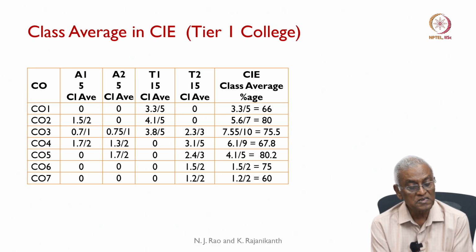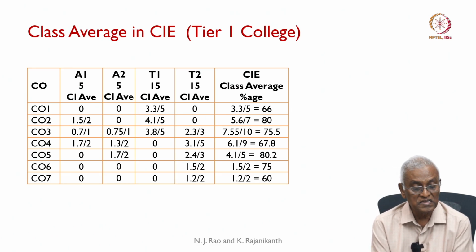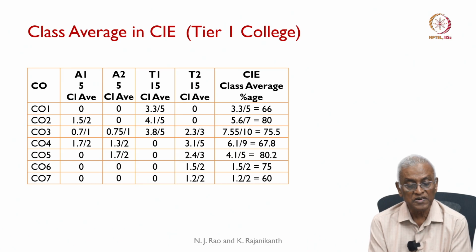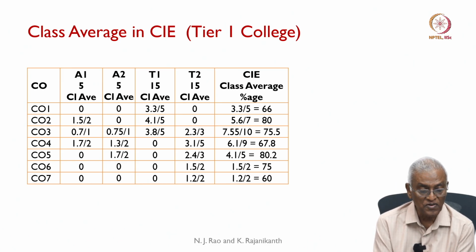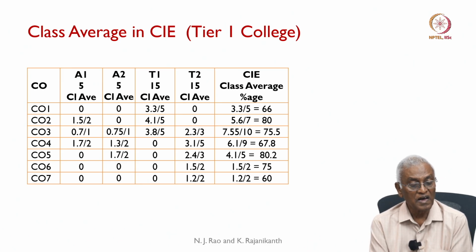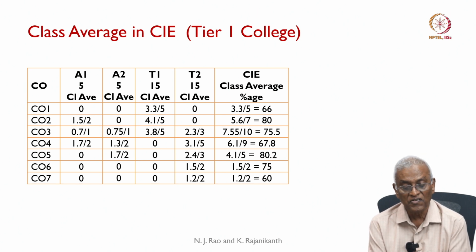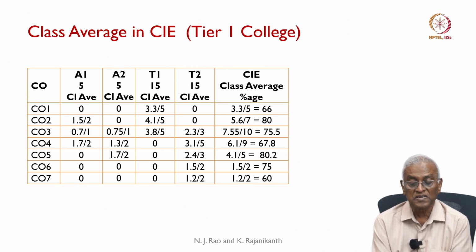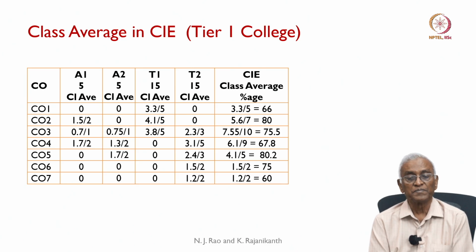Now if you take CO2, CO2 is addressed by assignment 1 and test 1. If I add together, you have 5 marks for test 1 and 2 marks for assignment 1. So the class average, out of the 7 marks, I got 5.6, which is equivalent to 80%.